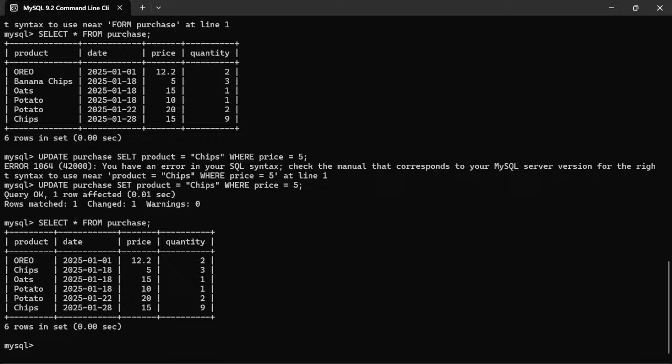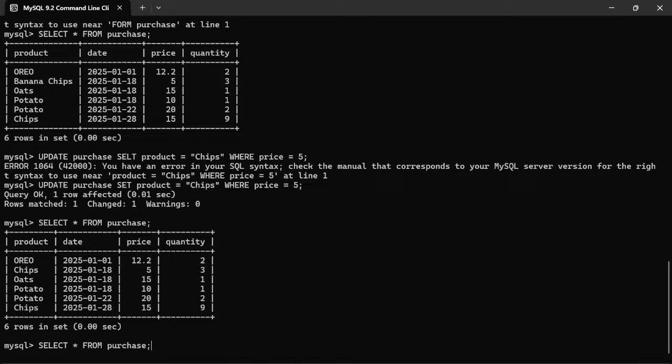So let's say, if I want to find the total cost of what I have purchased in this month, of January. So if I want to find the total cost, how can I find that?